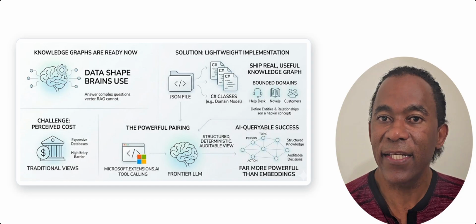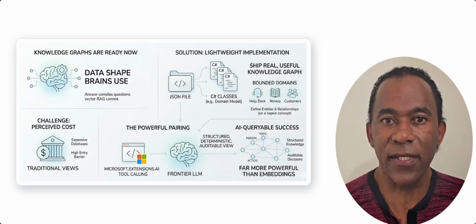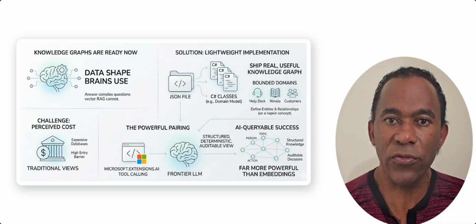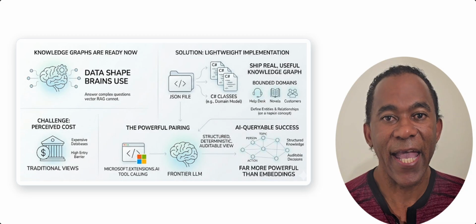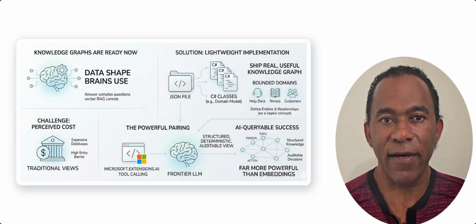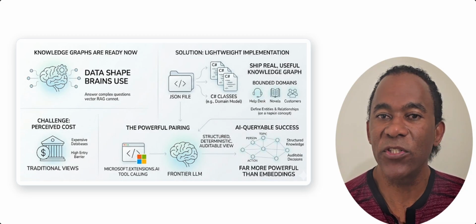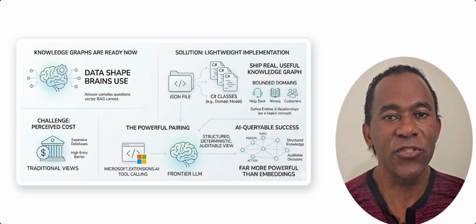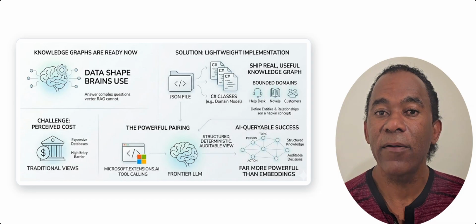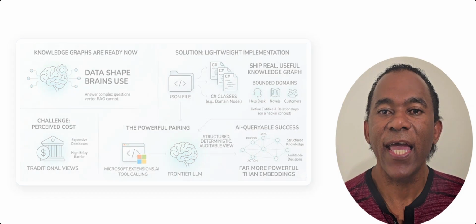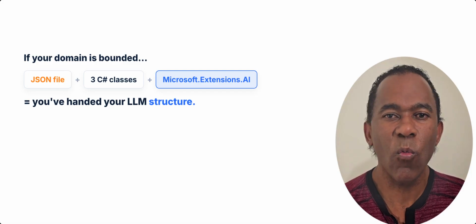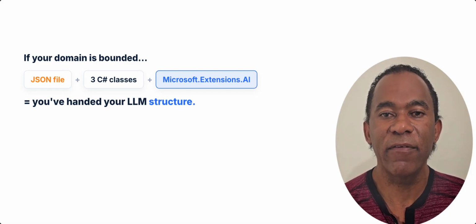If your domain is bounded, like help desk tickets, novels, customers, orders, whatever, you can ship a really useful AI-queryable knowledge graph as a simple JSON file with 3 C# classes. Pair that with Microsoft Extensions AI, and you've handed your LLM something way more powerful than a pile of embeddings.